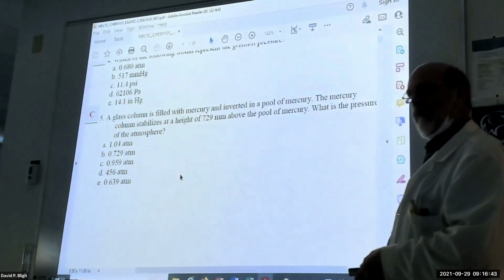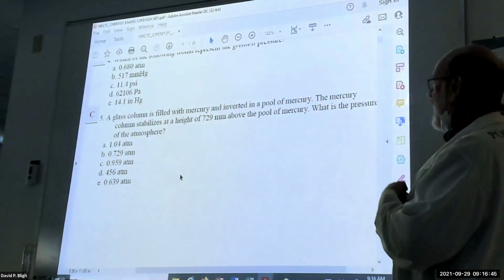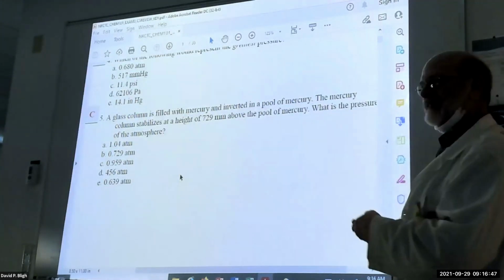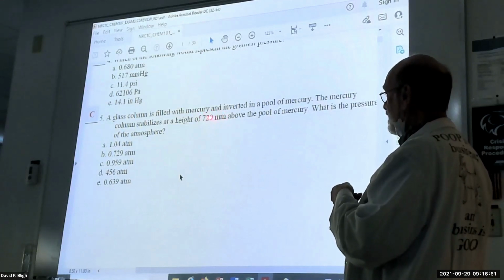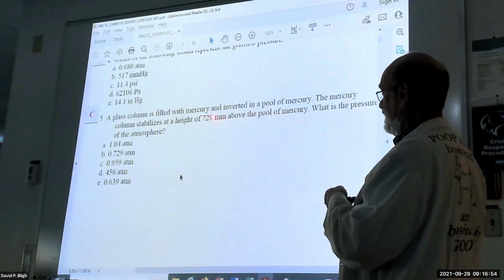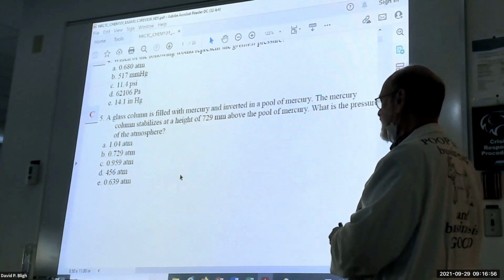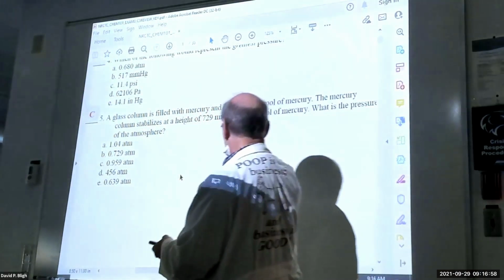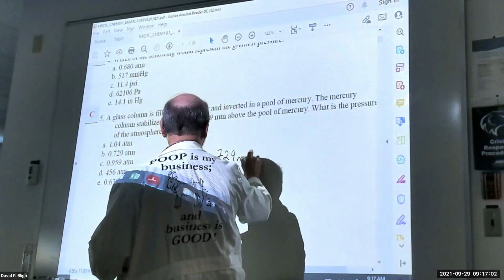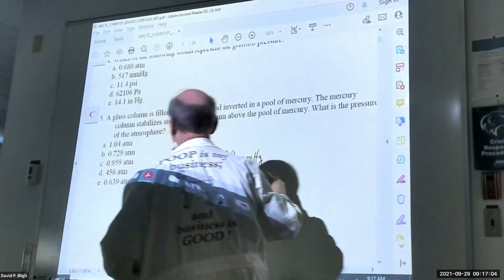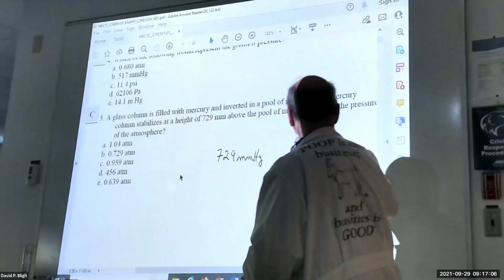Okay, so this is a typical word problem. Lots of unnecessary information. What you need to focus on is that right there, and the fact that it's mercury. 729 millimeters of mercury is our starting point. And we want to end up with atmosphere, right?